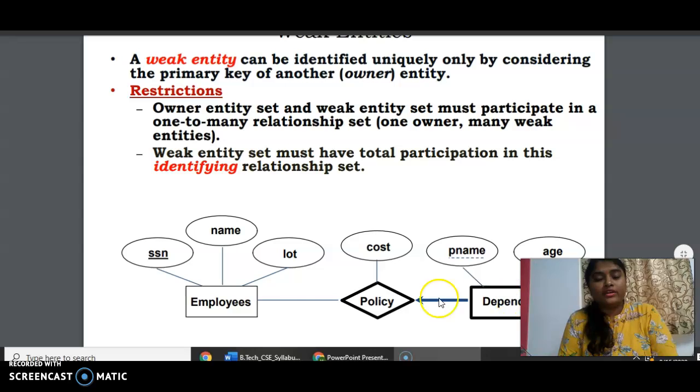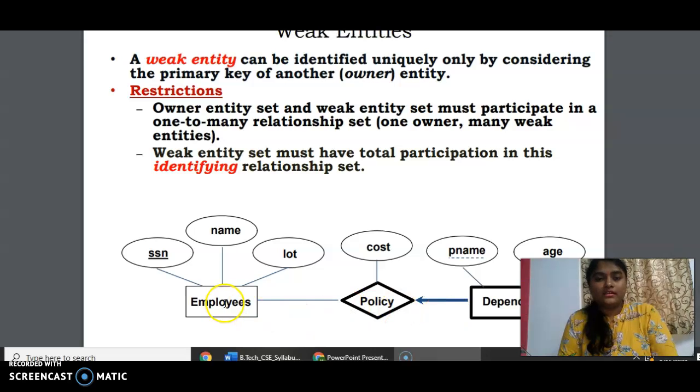So how do we differentiate between these two entities? A strong entity generally uses the entity symbol, that is the rectangular shape. But what about a weak entity? A weak entity is represented with thicker lines or double lines. In some textbooks, it is represented with double lines.